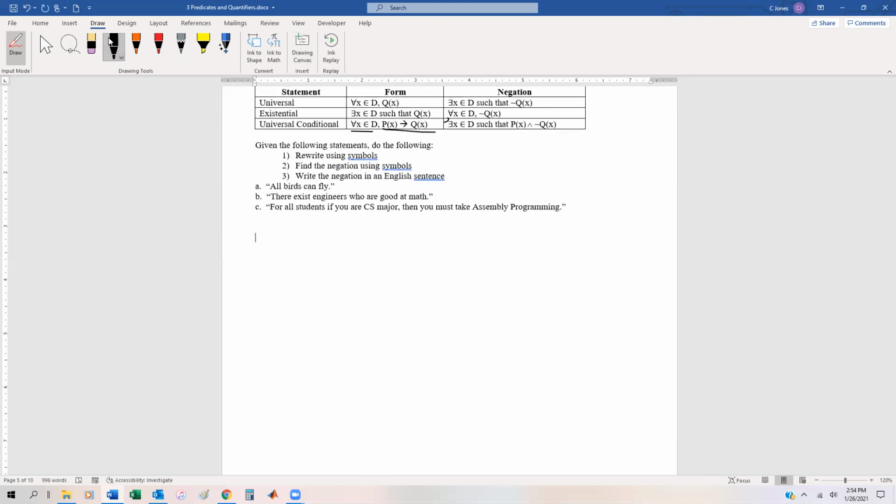So using symbols, we're going to say for all x in students, if you are a computer science major, then you must take assembly programming.